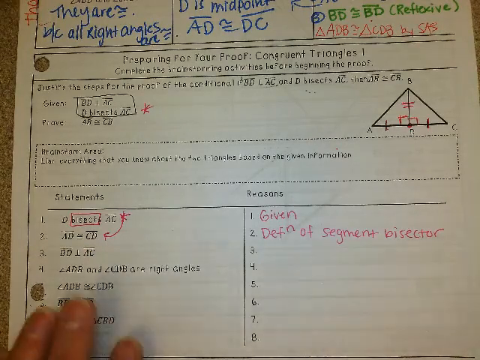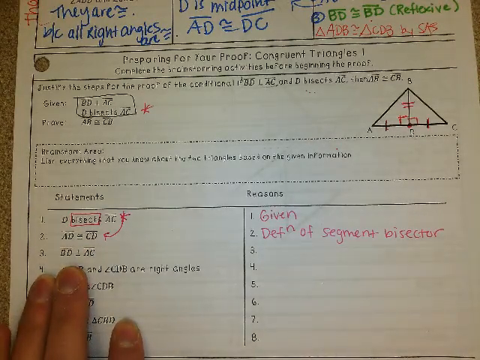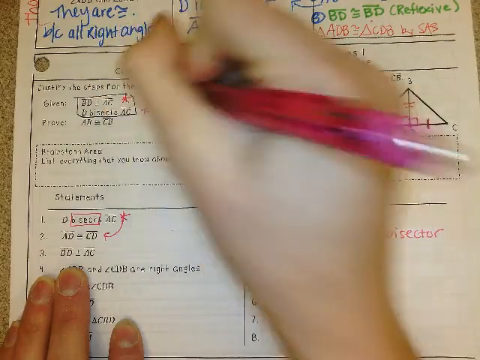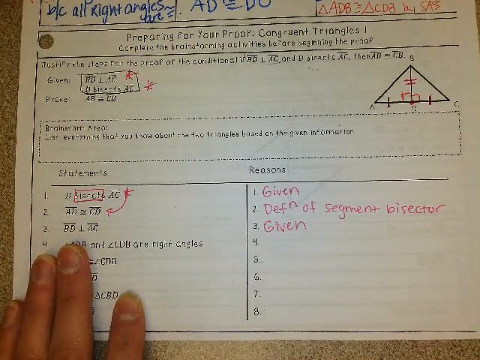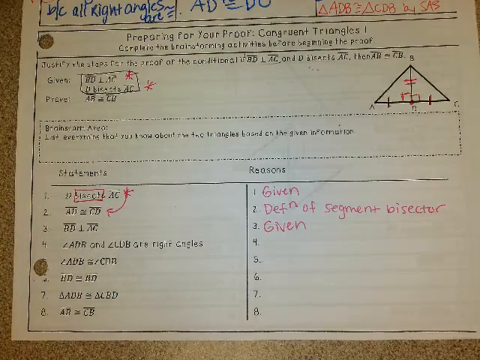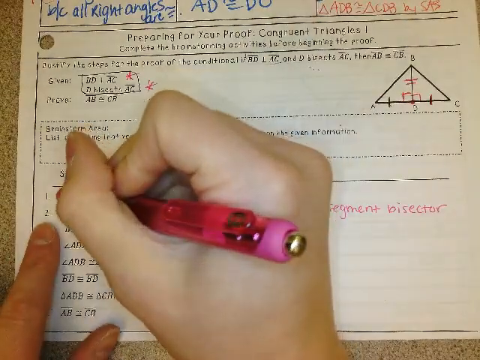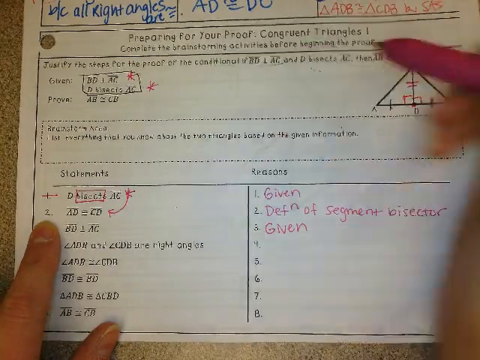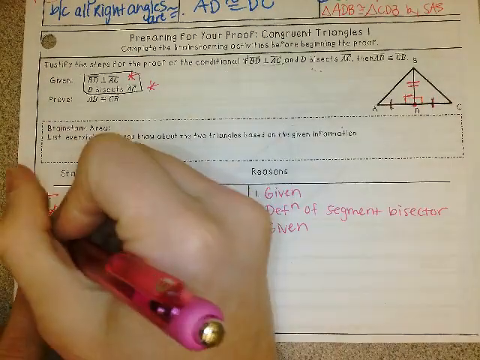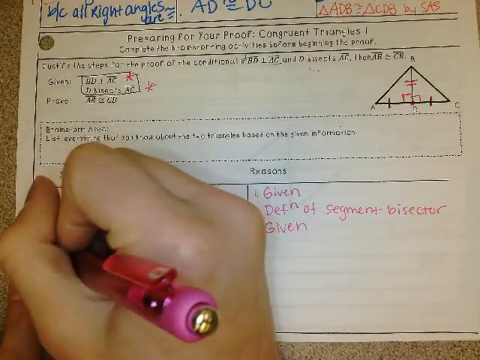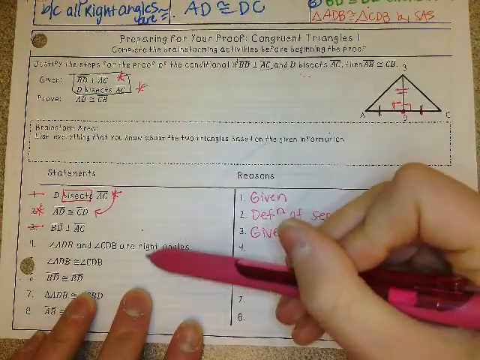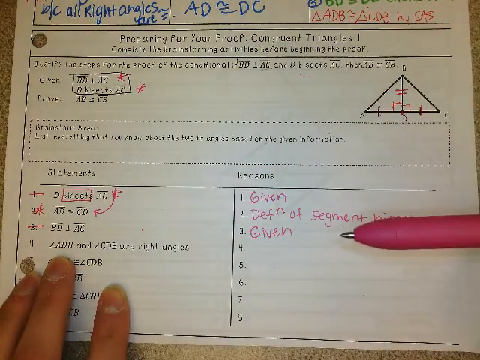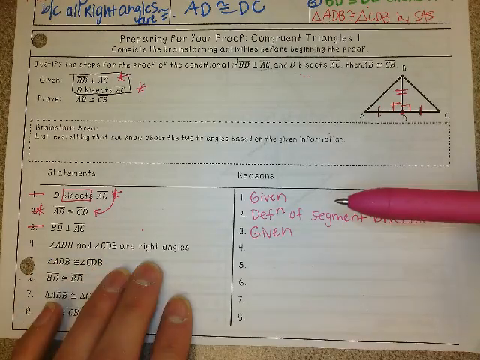Okay, next part, BD is perpendicular to AC. That was a given. So another way to set up a proof instead of putting all your givens at the beginning is to use a given, break it up, then use your other given and break that up. So ADB and CDB are right angles.